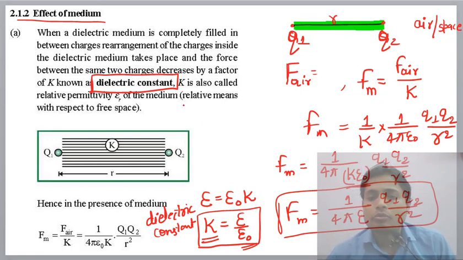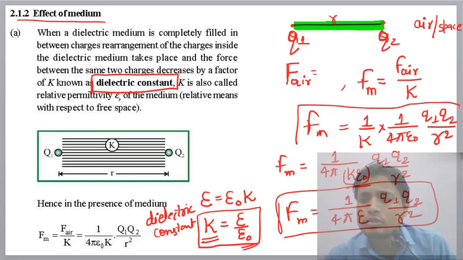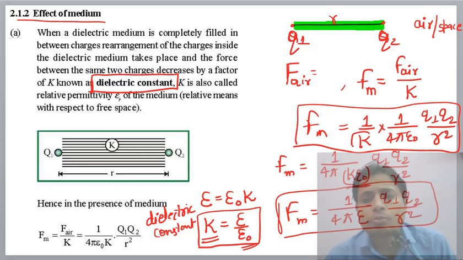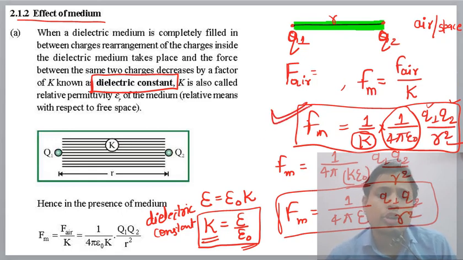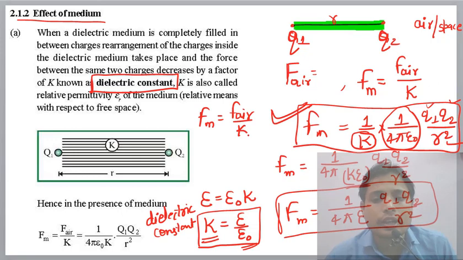Or simply you can use this formula to calculate. It will be more convenient to you. Why? Just put the value of K, 1 upon 4 pi epsilon naught, you are knowing the value, 9 into 10 to the power 9. Q1 Q2 will be given, R will be given. You can easily calculate. So you can also use this formula, means Fm equal to F air upon K. This formula you can also use.